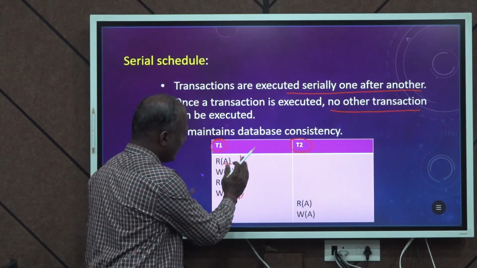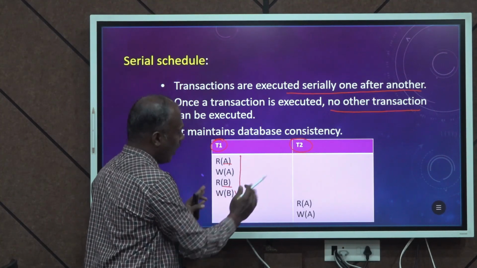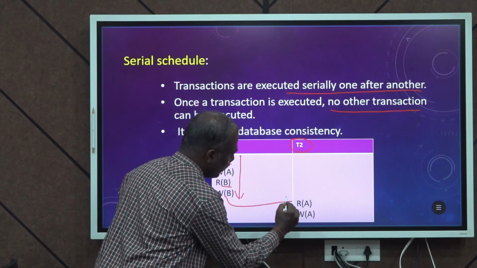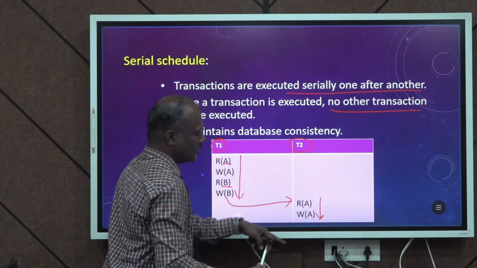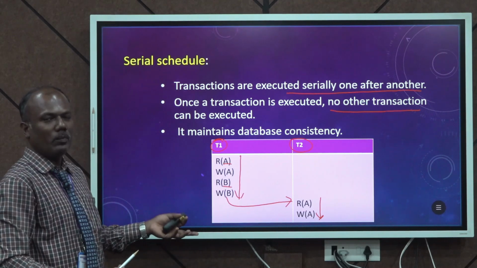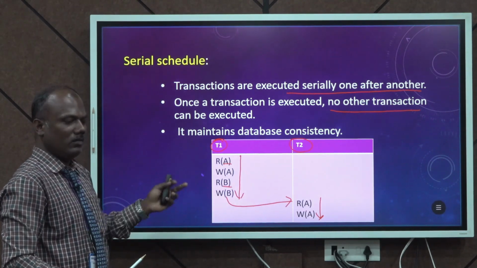Once T1 is executed, the control is passed over to T2, and then the instructions of T2 are executed. So this follows the serial order.